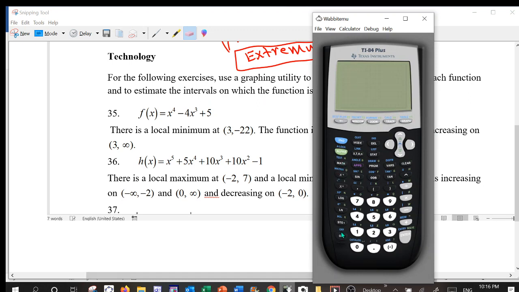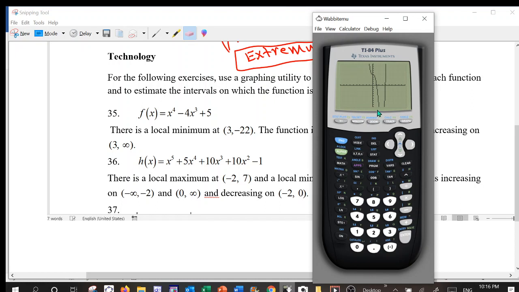Well, first we have to go to y equals and put that function in there. x to the 4th power minus 4x to the 3rd power plus 5. Okay, now let's go to zoom 6 first and see if we get a good picture. That's the standard.